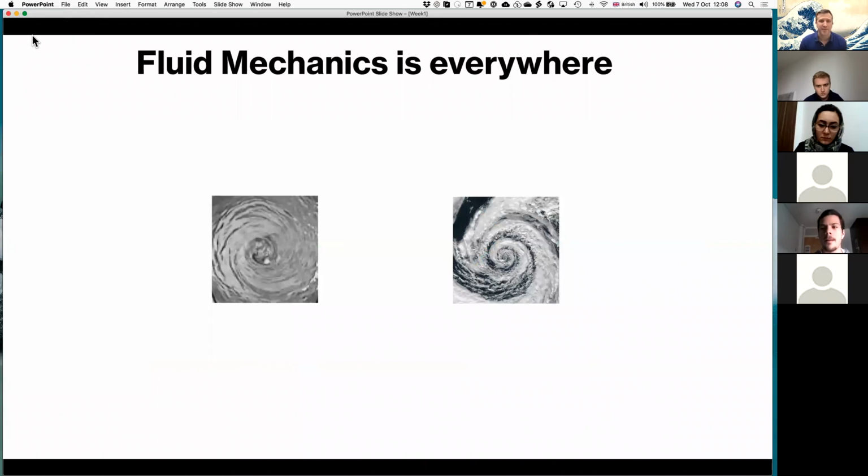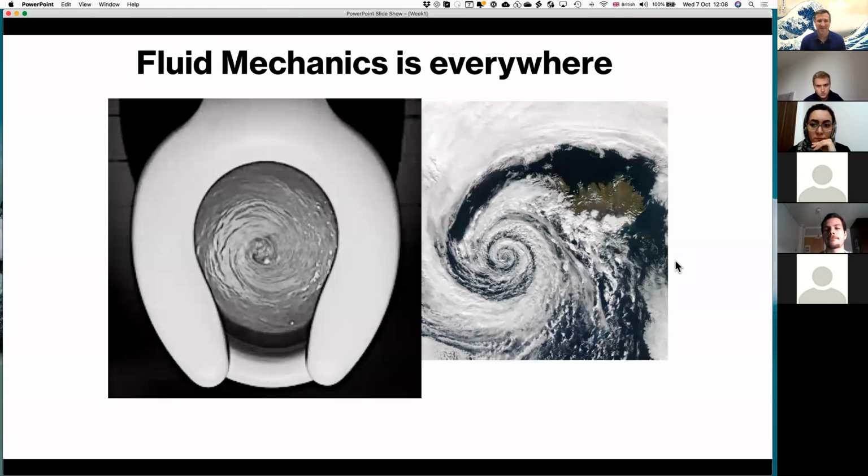So fluid mechanics is everywhere, and to convince you, I've got two pictures here, and this is really the idea behind what we're going to drive at in this module. Once you understand the main equations, you can see patterns and shapes that are essentially reproduced all the way throughout our world. In this example, you've got a vortex system, which is essentially identical regardless of the scale.